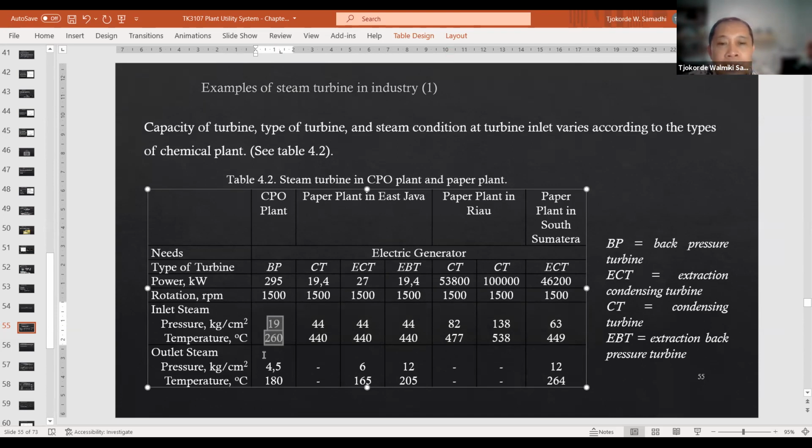Maybe slightly higher to account for losses in the piping.